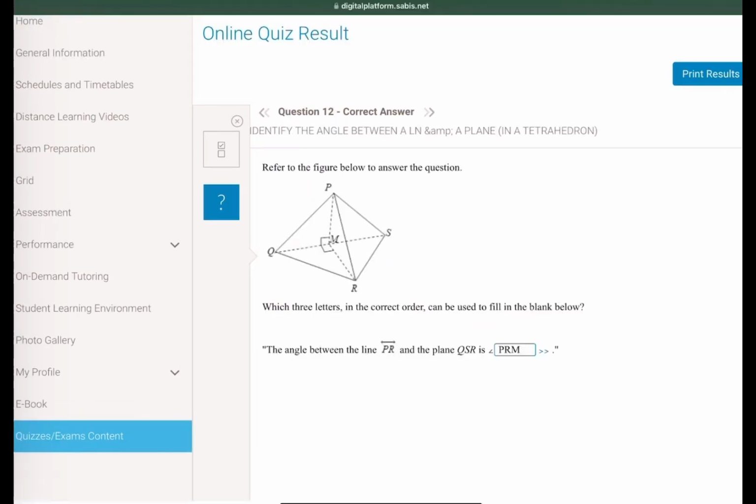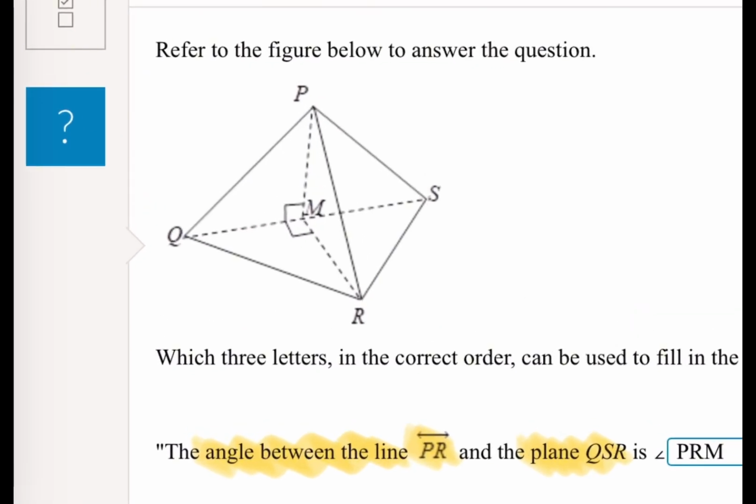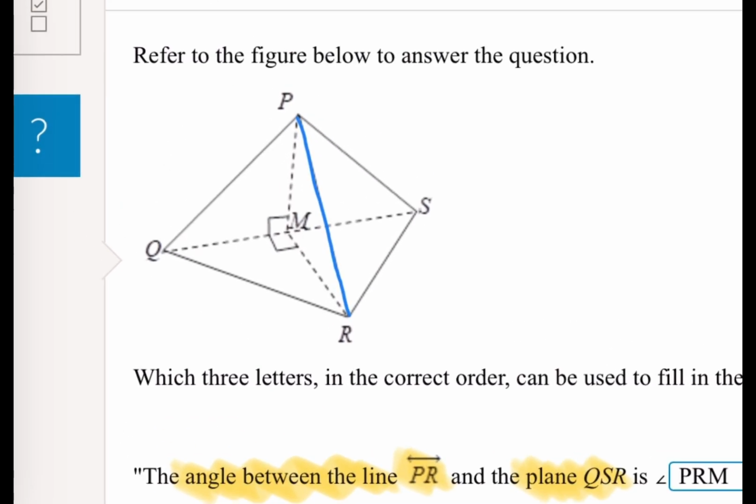And that's the answer. Here they want you to find the angle between the line PR and the plane QSR. So the line PR is this line here, and the plane QSR is this plane here. First I'm gonna draw the plane between the line PR and the plane QSR.